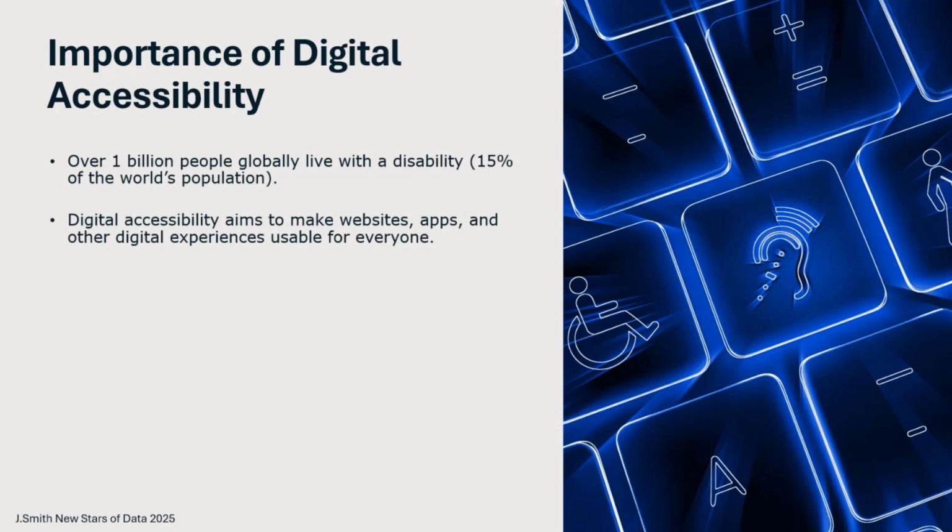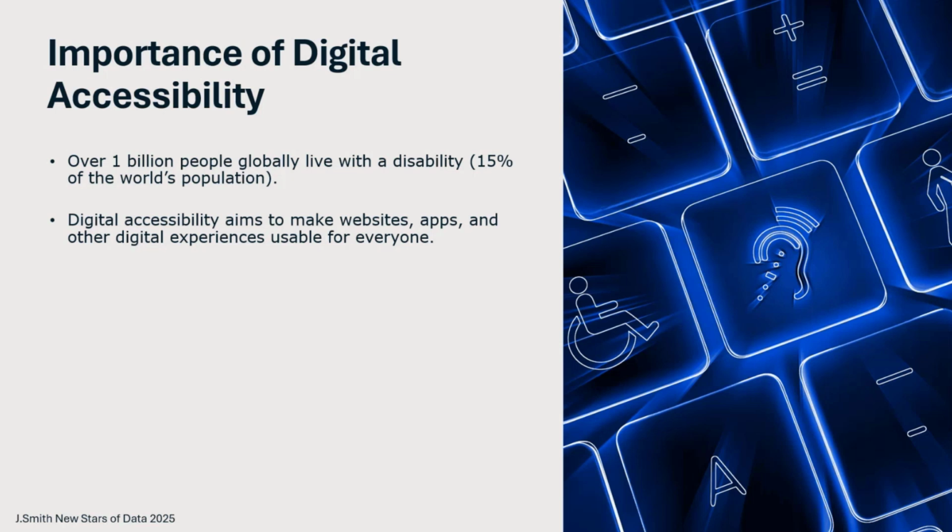So globally, over 1 billion people, or about 15% of the population, live with some form of disability. And digital accessibility aims to make websites, apps, and other digital experiences usable for everyone, regardless of their abilities and disabilities.